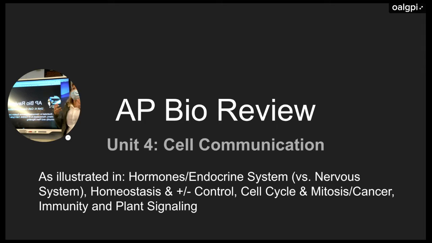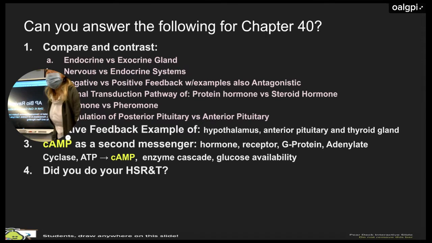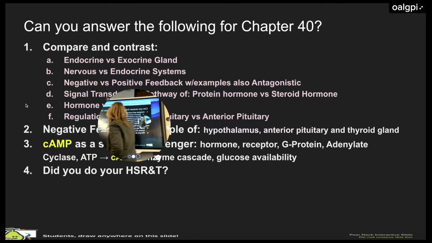Those are things they might ask you to apply that information to. But the one thing you for sure need to know is the cell cycle, mitosis, cancer.